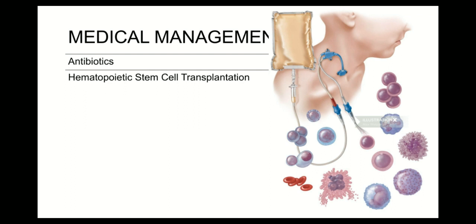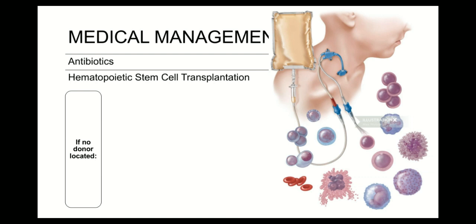Now, hematopoietic stem cell transplantation is the intravenous or IV infusion of stem cells from the bone marrow of a donor to the child recipient to reestablish the function of the bone marrow in a child with deficient or non-functioning bone marrow. So, in aplastic anemia, hematopoietic stem cell transplantation helps reestablish the bone marrow function of the child through a donor.